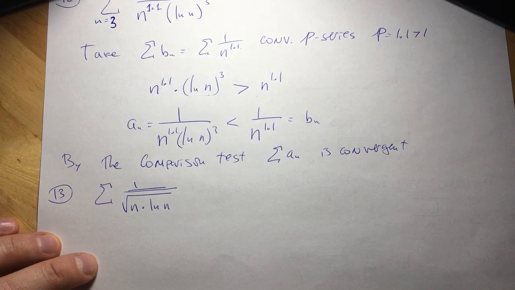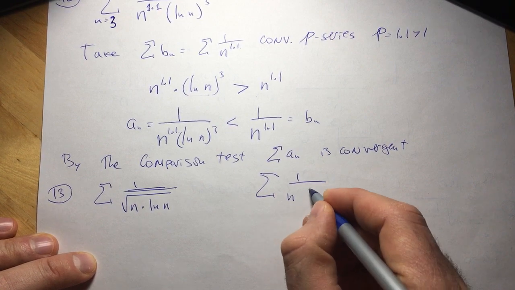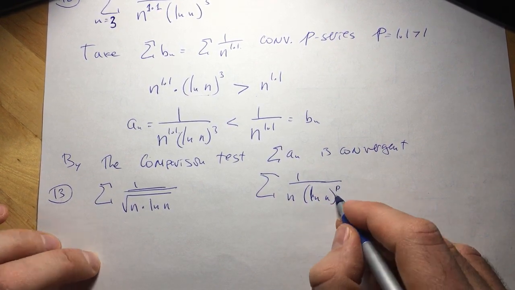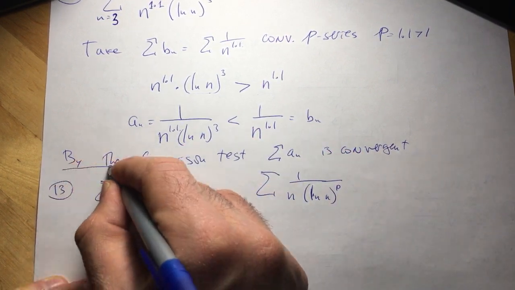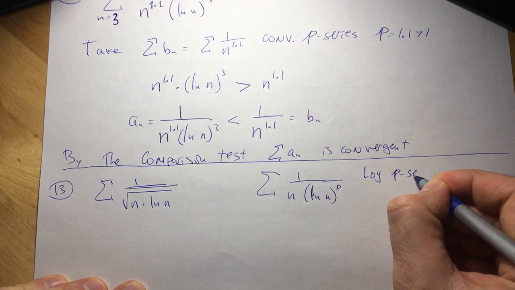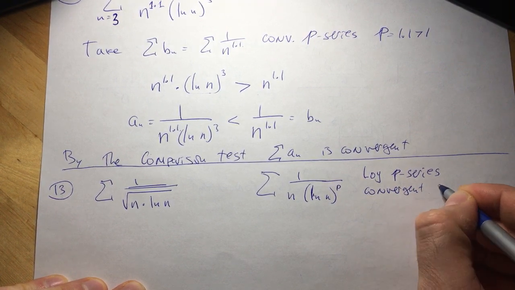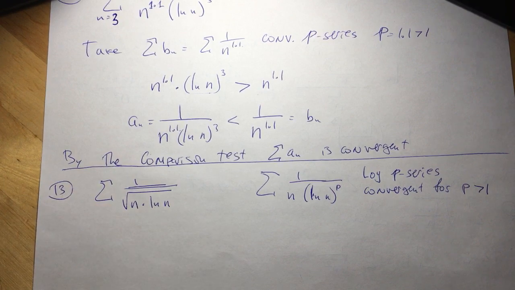And I want to remind you that the sum of 1 over n times ln of n to the power p is the logarithmic p series that is convergent for p greater than 1, right? And for the values less than 1 it is divergent.